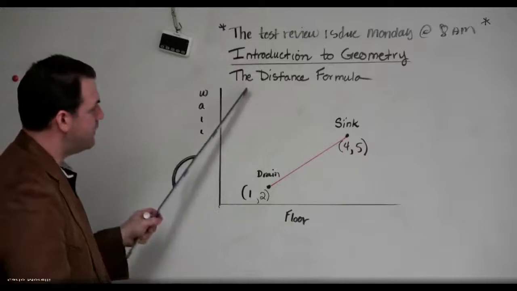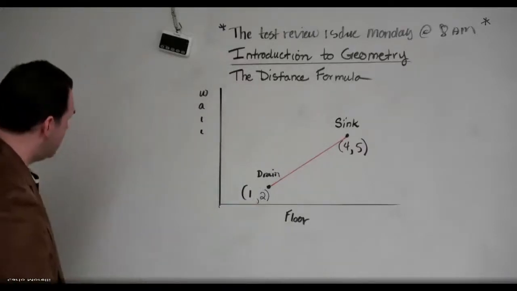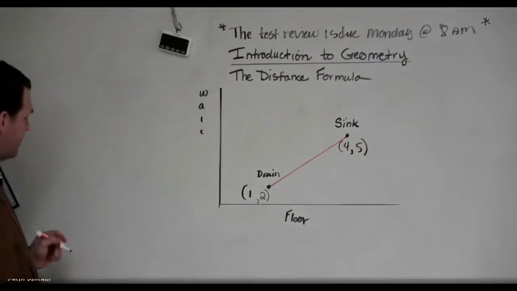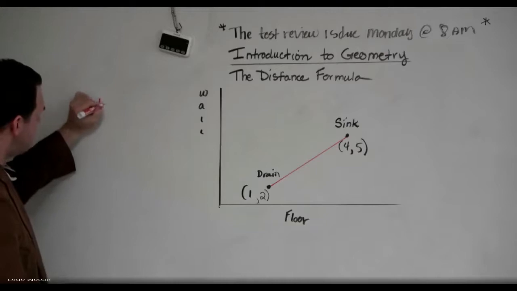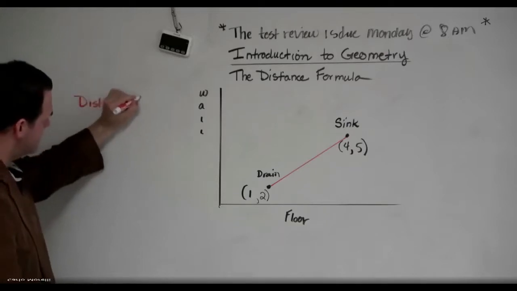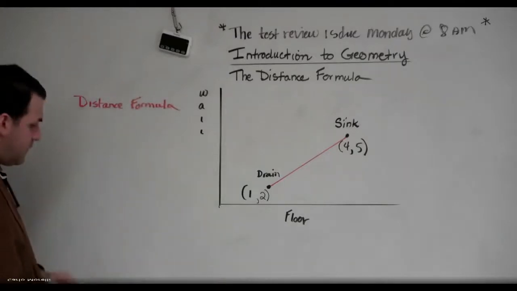There is something called the distance formula that will show you how to find the distance between 2 points. So we're going to learn here the distance formula. And we usually label that D for distance.